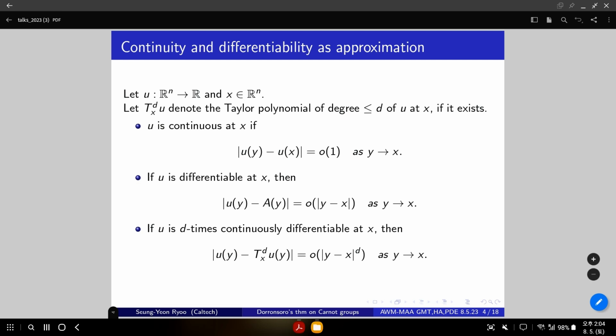And if you can differentiate u d times in the neighborhood of x, such that the differentials are continuous, then you can approximate u by its dth order Taylor polynomial with much greater precision, namely little o of |y minus x|^d as y goes to x. So the basic idea behind continuity and differentiability is that you can approximate a function by polynomials.